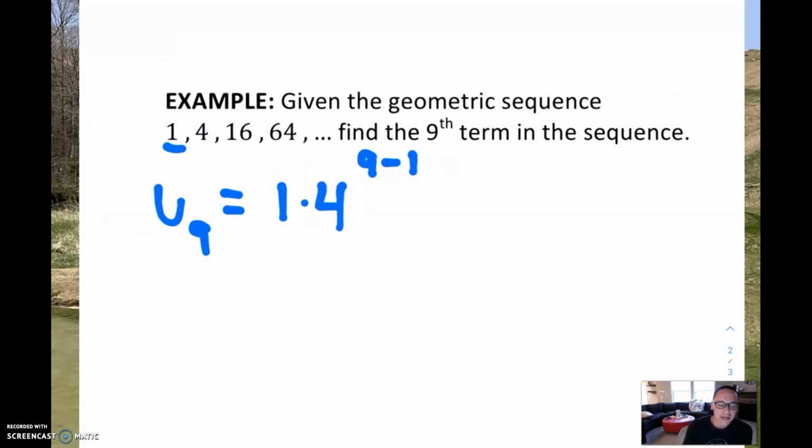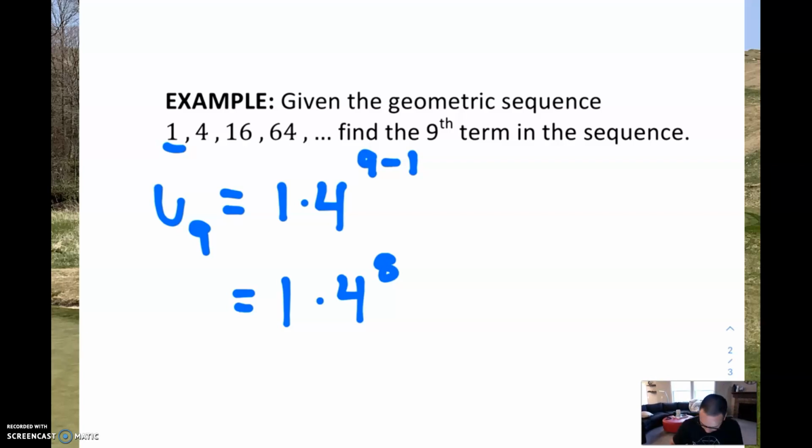Important to have the n minus 1 power up there. So order of operations says, well, treat that 9 minus 1 kind of like a parentheses. So we get 1 times 4 to the 8th, and then we have to do the exponent. So we are going to be taking 4 and raising it to the 8th power. Let me get a calculator out.